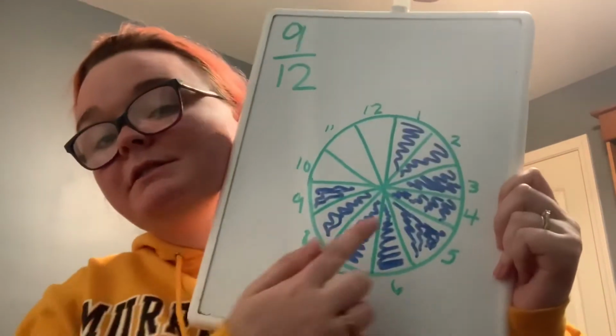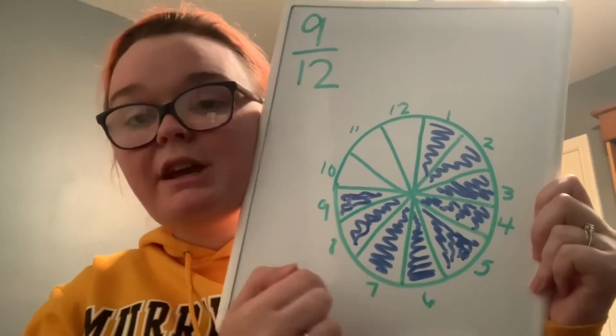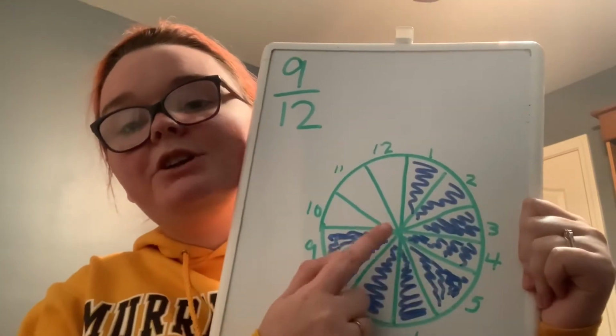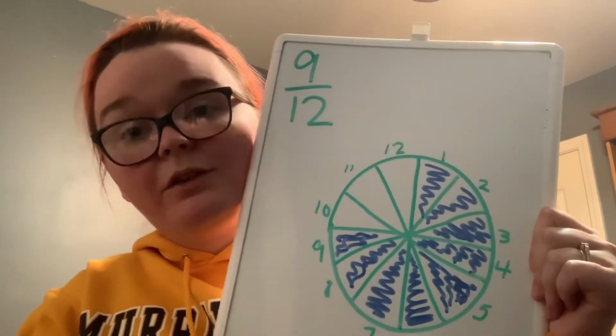Now, if you were drawing this to demonstrate it, you would want to make sure that it was fully shaded so that myself or your teacher would know which parts you are shading in, just to alleviate any confusion. So now we have our 9 parts of our whole shaded in. So this shaded area represents 9/12.